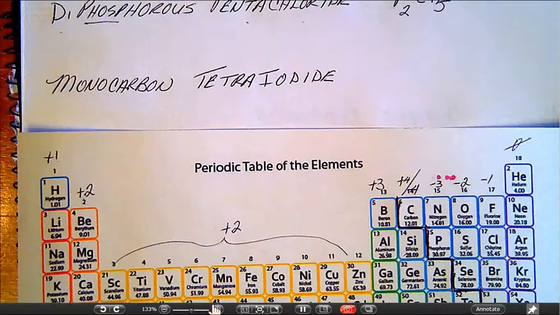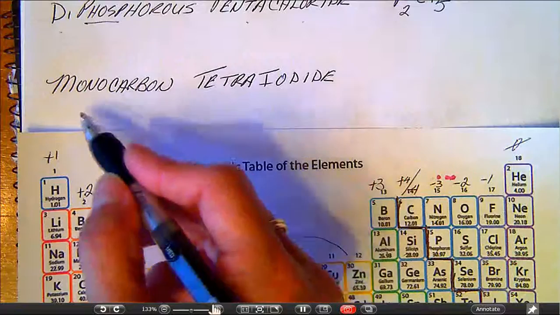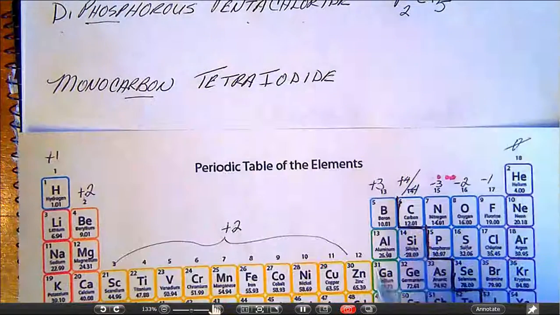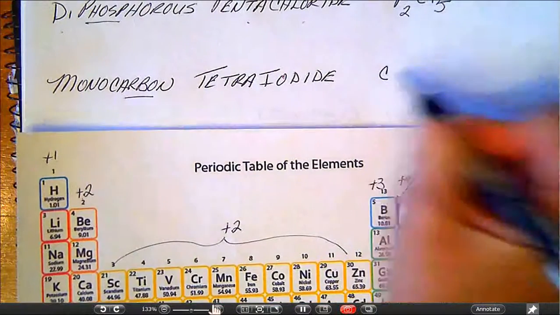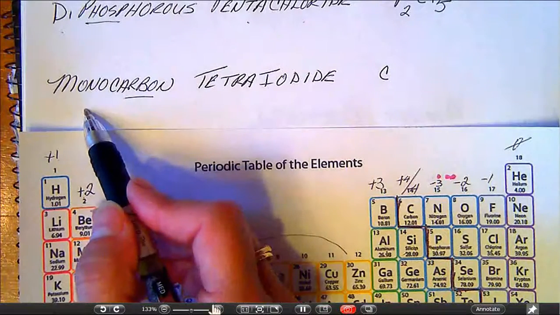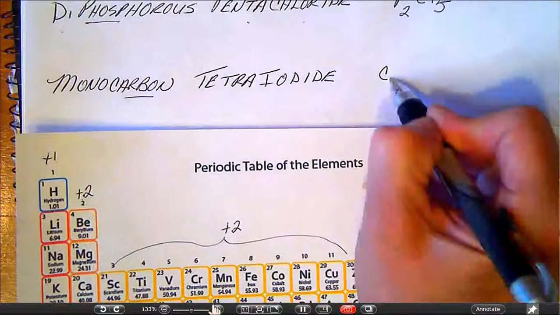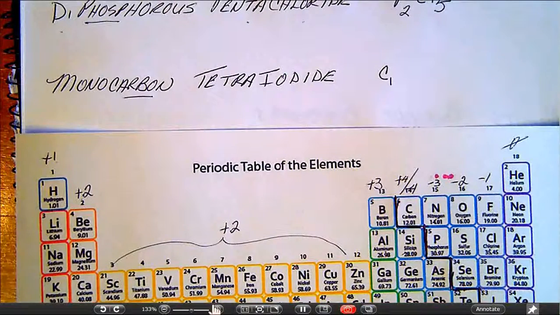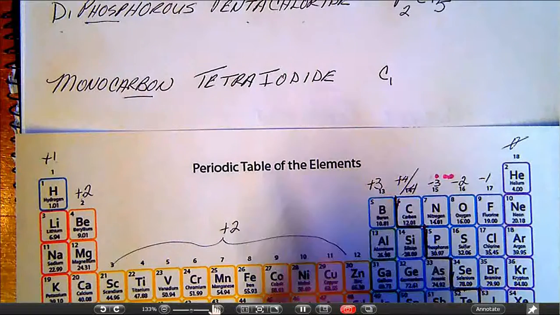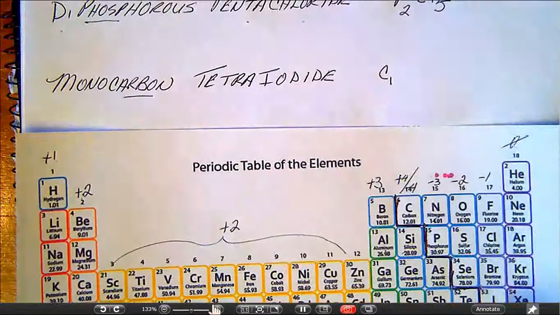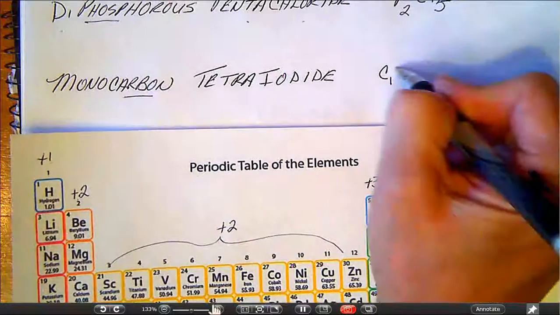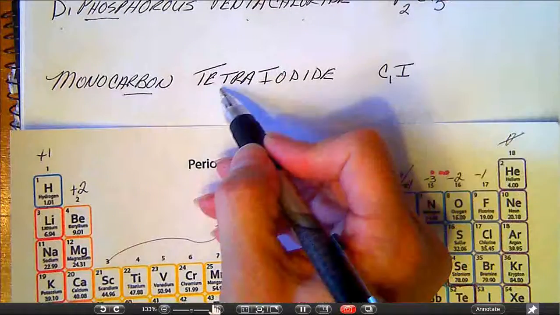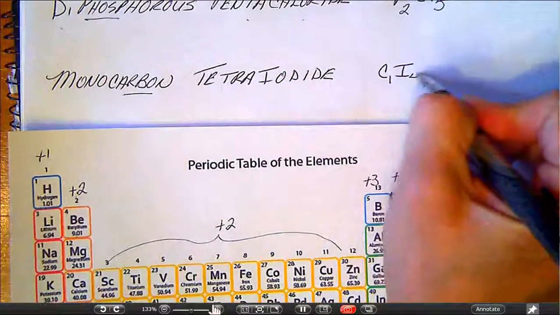Our last example, monocarbon tetraiodide. Carbon, which is a C, mono means 1. You can put the 1 here if you want to, but you don't have to because it's understood. Iodide, I, tetra, 4.